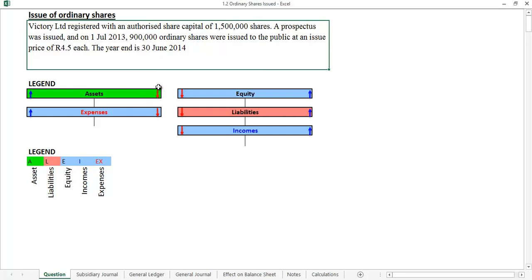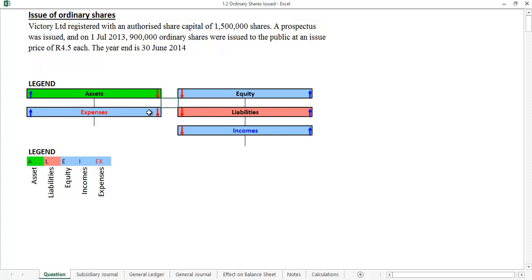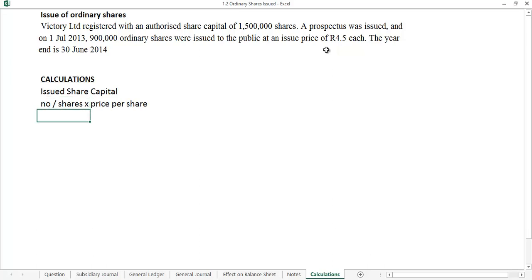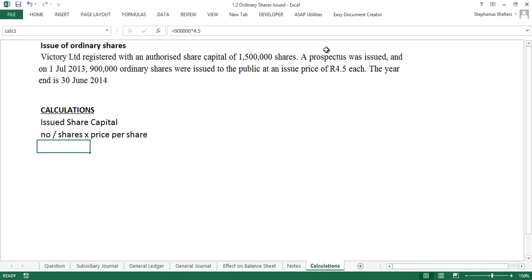So let's look at how to record this transaction. But before we do that, let's quickly calculate the amount of the shares that was issued. We have 900,000 shares issued at a price of 4.50. So we're simply going to take the number of shares and multiply that by the price per share. If I show you my formula bar, the formula is 900,000 times 4.50.